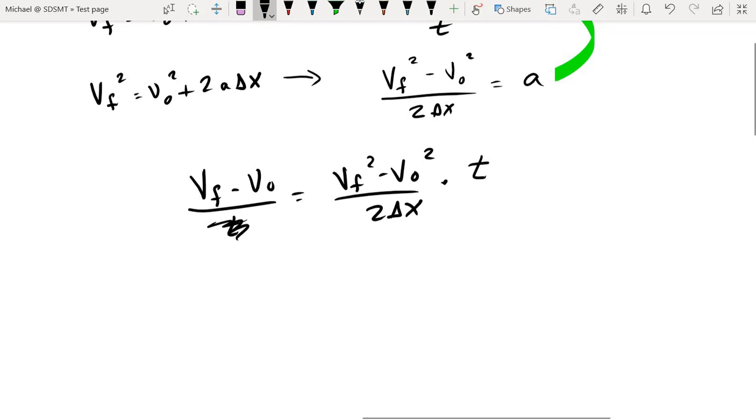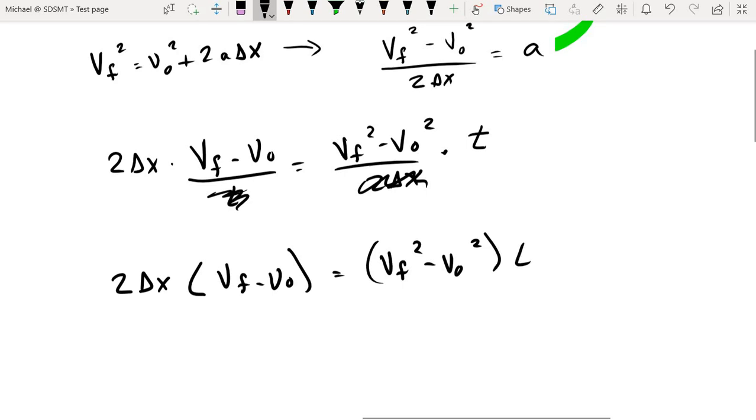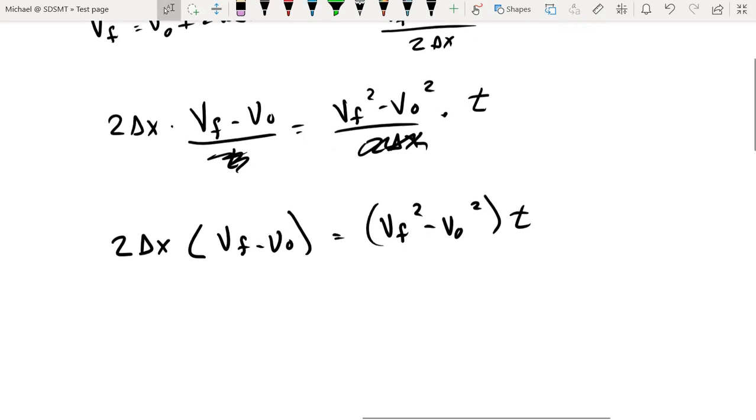And likewise, I will multiply up the 2 delta x from the right-hand side over to the left-hand side. And what that does for us is it allows us to just work with terms that are in the numerator. So do be careful with the context here. Everything on the top needs to be multiplied by those values respectively.